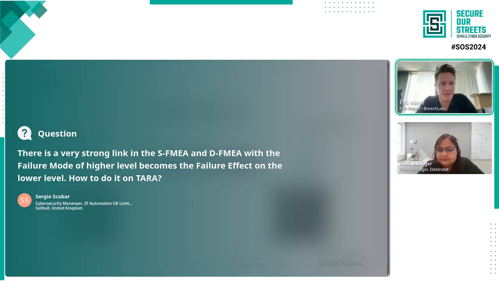That is an excellent question. Please correct me if I misunderstand the question, but if we integrate all of the potential attack paths, then to us, failures are basically certain attack steps that have been performed on attack paths. In cybersecurity, we would allocate all of the potential attack paths that have led to a certain damage scenario, which is the failure at the end of the day, right?